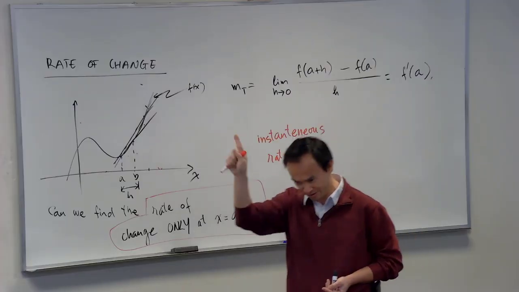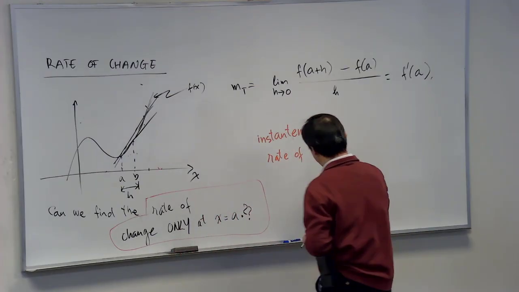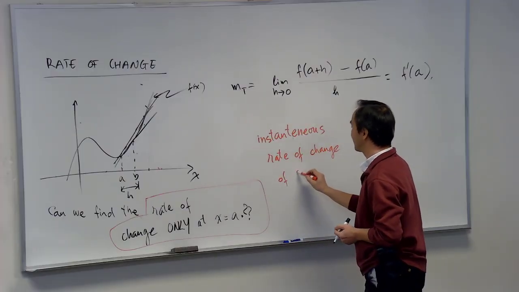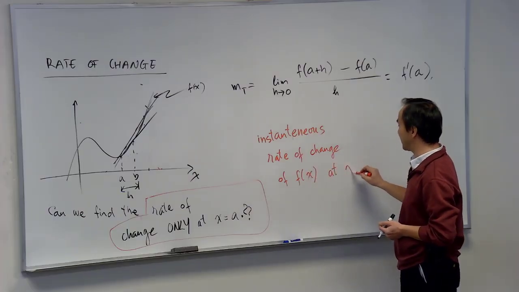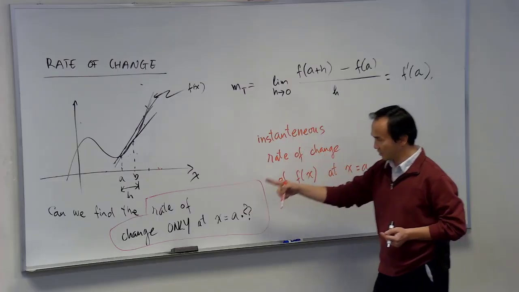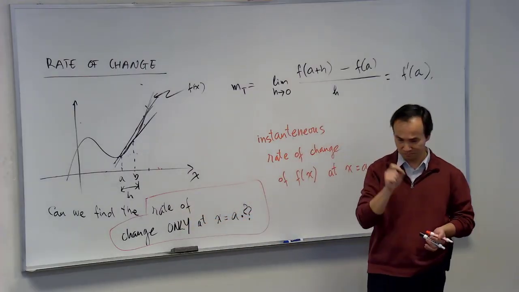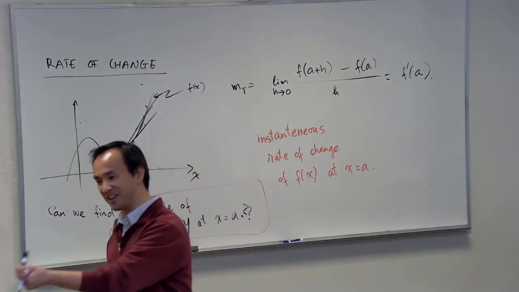The next instance is going to change. So it's the instantaneous rate of change of f of x. Now we're talking about precisely at x equals a. That's why I say rate of change only at x equals a on that function. So only at that x equals a instance, we call it instantaneous rate of change.